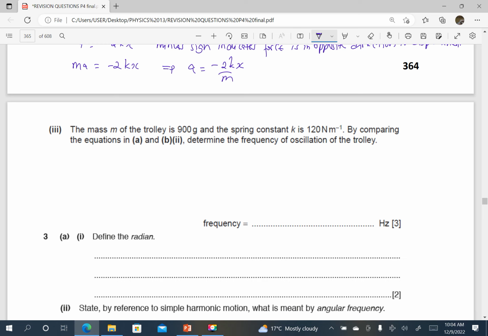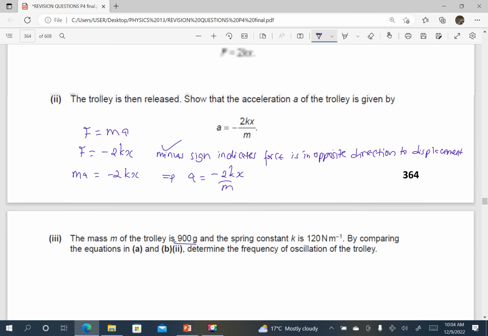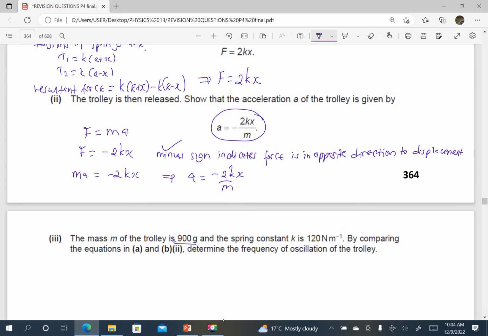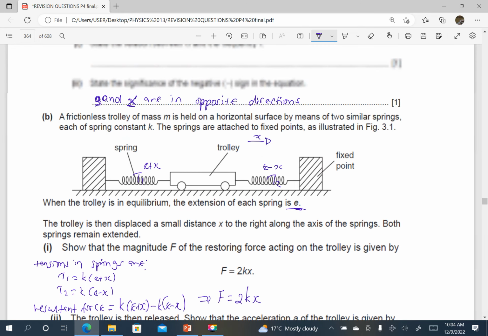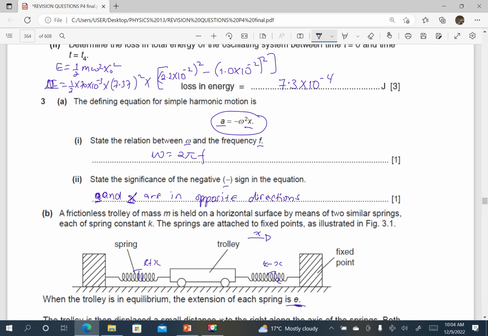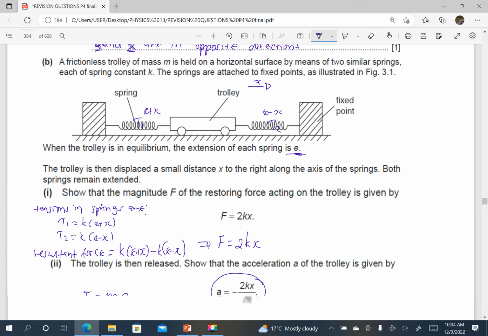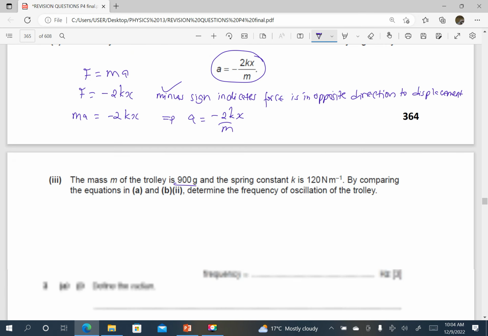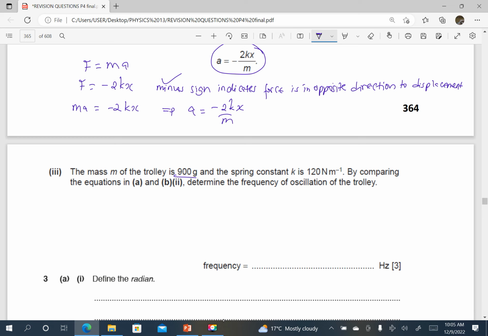The mass m of the trolley is 900 grams and the spring constant is 120 newtons per meter. By comparing the equations in A and B Roman 2, determine the frequency of oscillations. In A, we have that acceleration is equal to negative omega squared x, so omega squared is going to be 2k over m if we compare the two equations. We want the frequency.